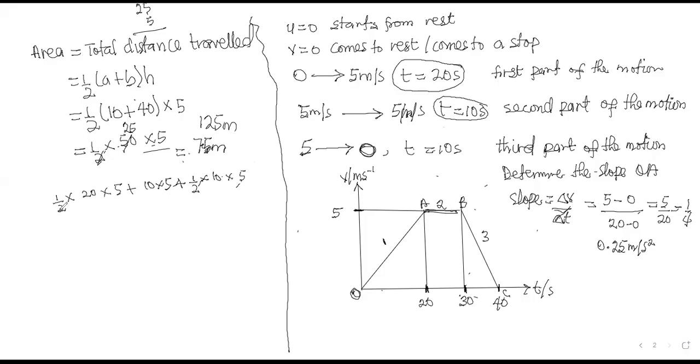When you put this together, this goes into this 10, so this is 50 plus another 50. This goes into this 5, so plus 25. In all, you have 125 meters. The value is still the same.